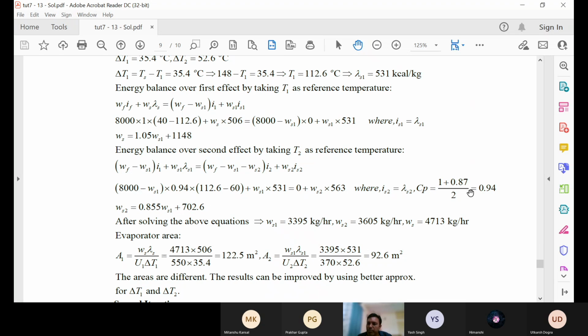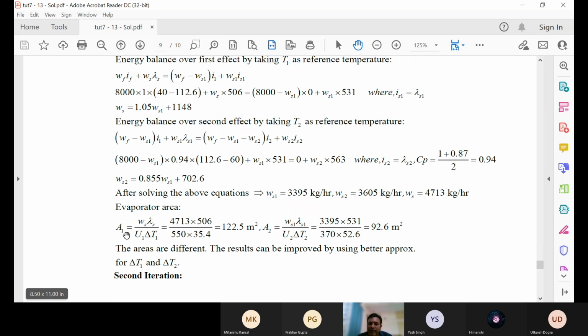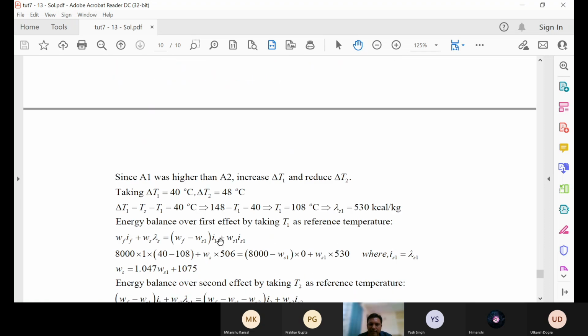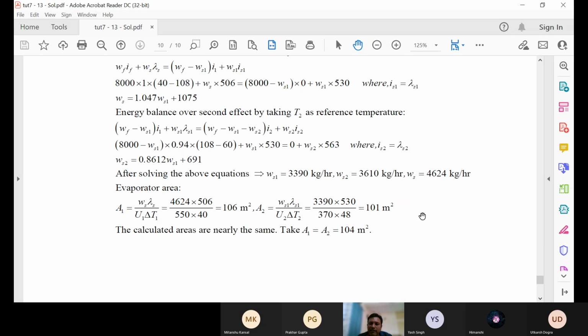Use the average value of Cp in this case, and then from this you can calculate area 1, area 2, and both these areas are different. And therefore you go for a second iteration. In the second iteration you rearrange this delta T1 and delta T2 and again do the calculation, and here you can see that the areas are matching.